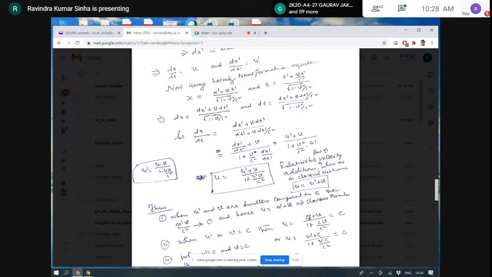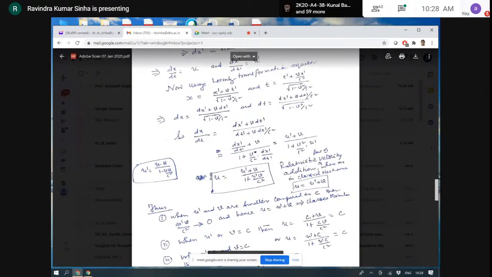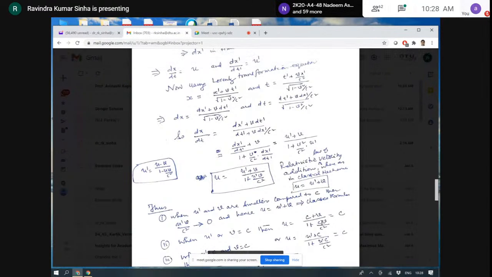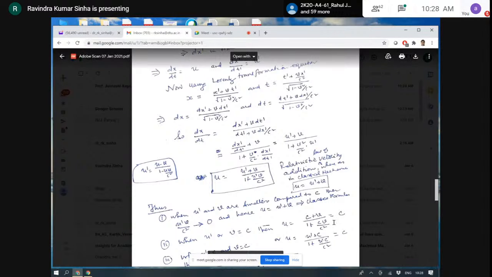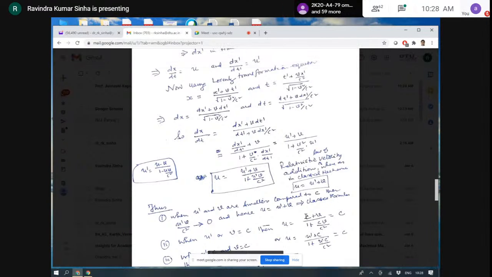Einstein's postulate means it should not be greater than c. So using the Lorentz transformation velocity addition formula, if you substitute u dash is equal to c, the terms with v and c square cancel out, and it becomes equal to c.